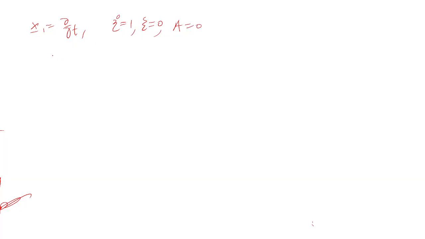So the general formula for the conservation law is ∂L/∂ẋ^i (η^i − ẋ^i ξ) plus ξL minus A. So this i is summed over.